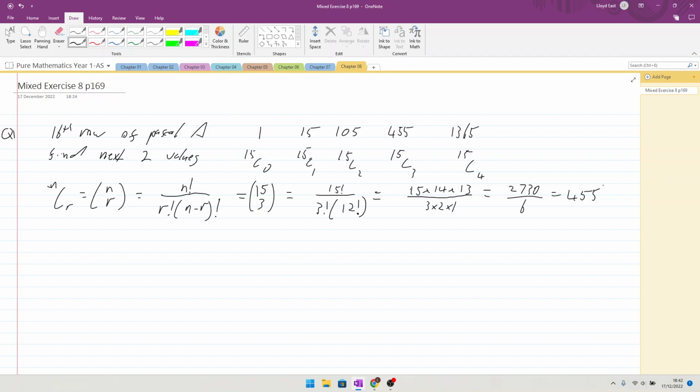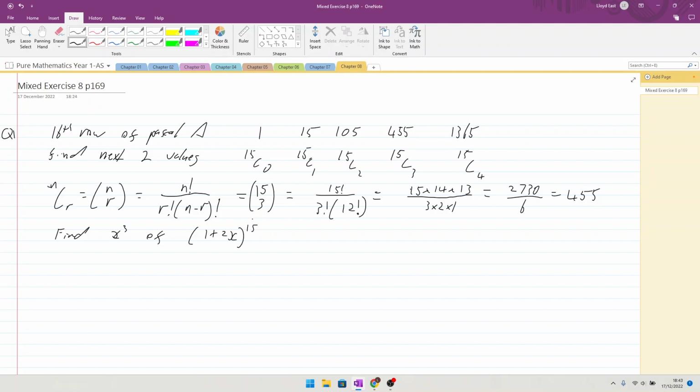With that done, the next part of the question is hence find the coefficient of x to the power of 3 in the expression of (1 plus 2x) to the power 15.